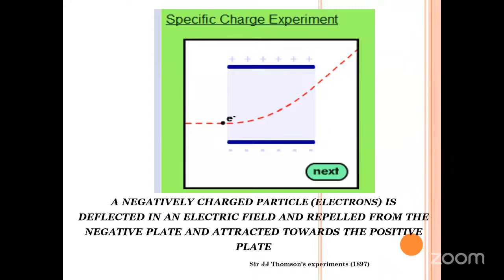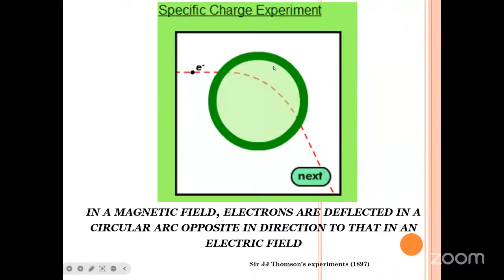So this is a magnetic field. You can see this circular arc represents the magnetic field, unlike the electric field. The charged object will be deflected in the opposite direction to the one it took in the electric field. You could see that in the electric field, it was moving up, and in the magnetic field, it was moving down.